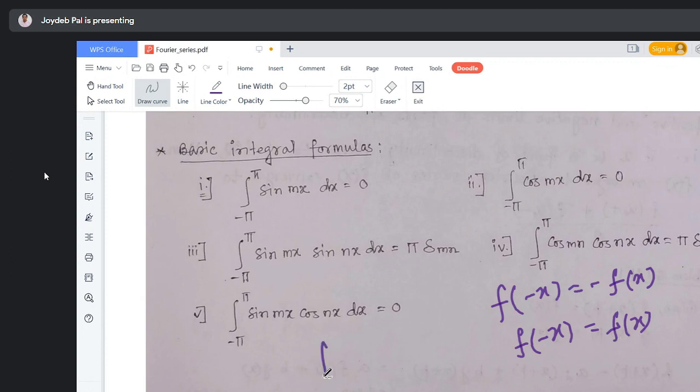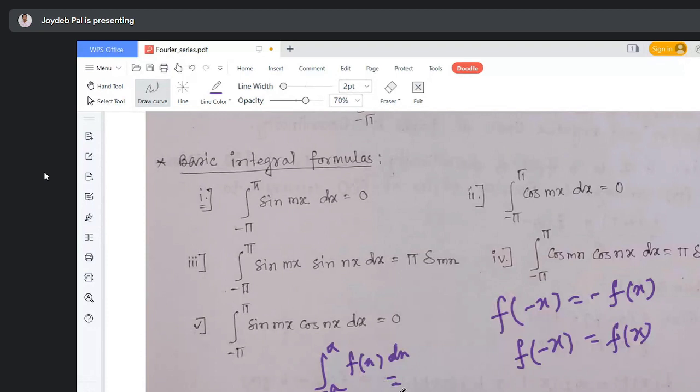Integration minus a to a fx dx. If fx is odd, then what is the value of this integration? 0. And if fx is even, then what is the value of this integration? We cannot find directly the value. We can write this integration 2 into 0 to a, right?